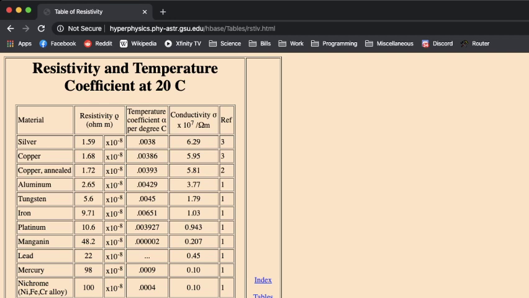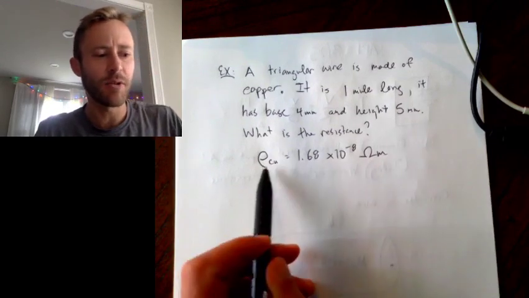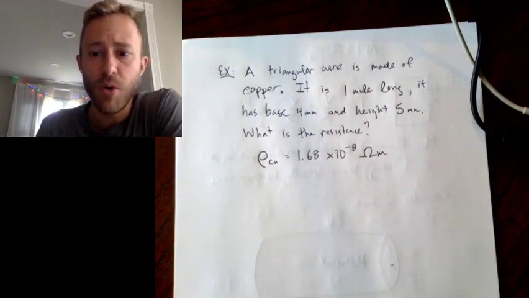If we go here, we can see copper is right here, and it says the resistivity is 1.68 times 10 to the minus 8 ohm meters. So let me write that down before I switch back. All right. So the resistivity of copper is 1.68 times 10 to the minus 8 ohm meters.